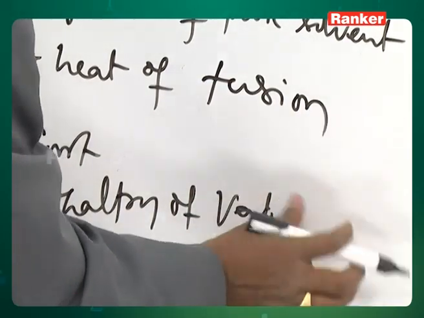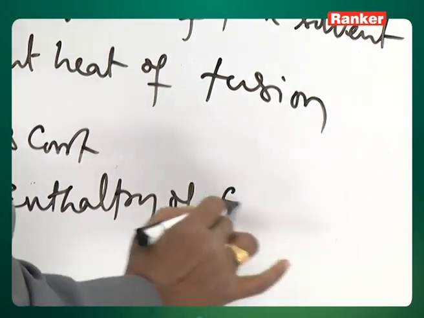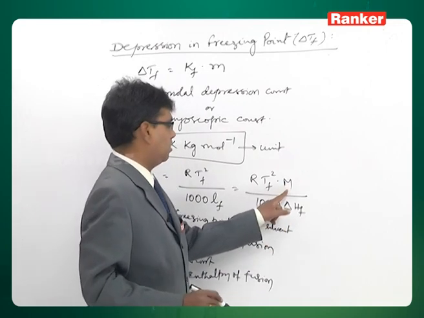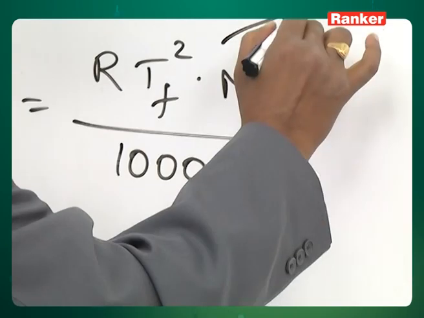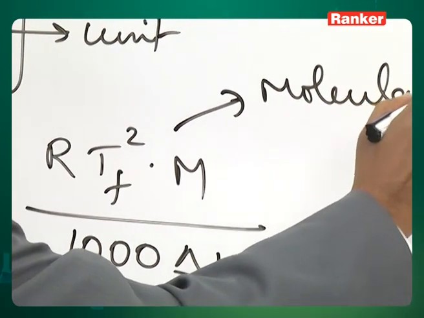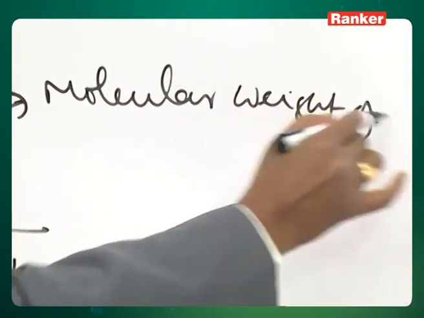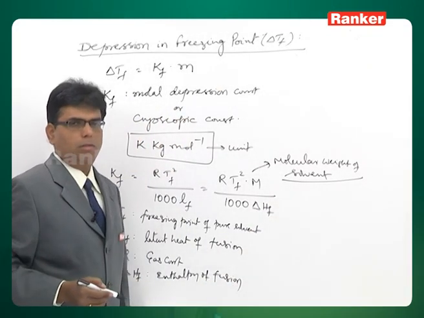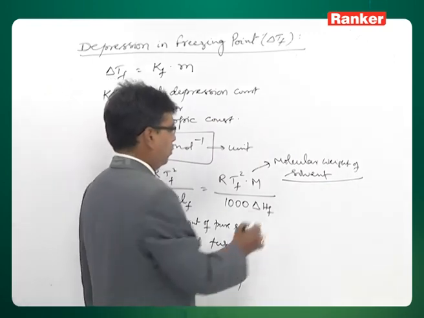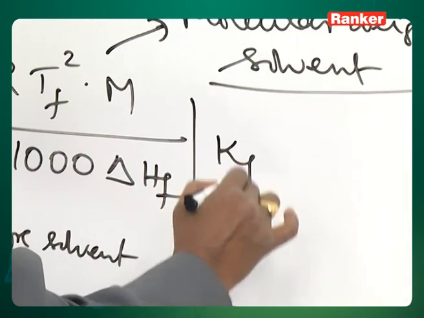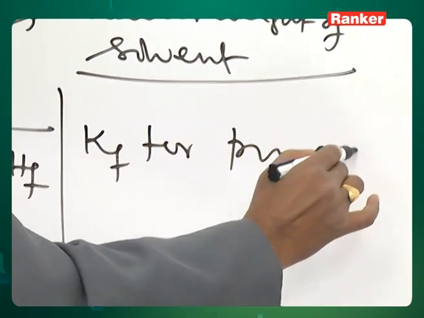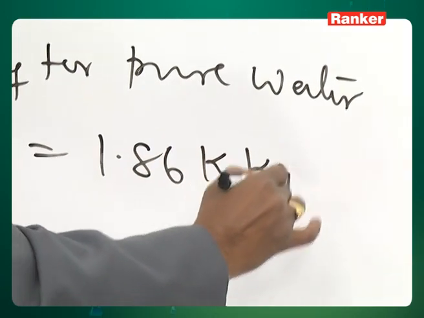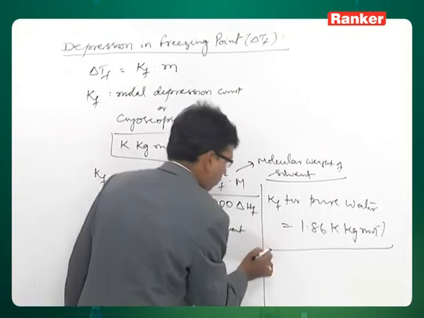And m is the molecular weight of the solvent. If it is water, the molecular weight is 18; if you substitute all that, you will get Kf for pure water as 1.86 Kelvin kg per mole.